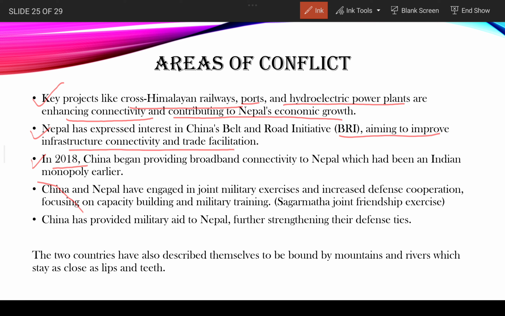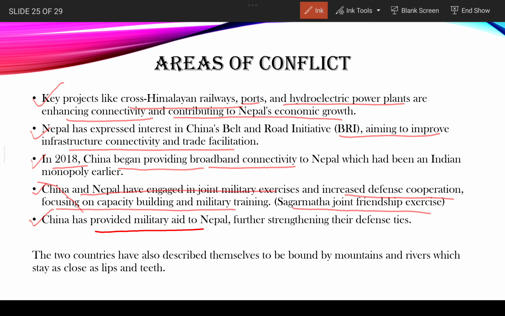Then in 2018, China began providing broadband connectivity to Nepal, which earlier had been a monopoly of India. China and Nepal have engaged in joint military exercises and increased defense cooperation, focusing on capacity building and military training. The name of that defense exercise is the Sagarmatha Joint Friendship Exercise.